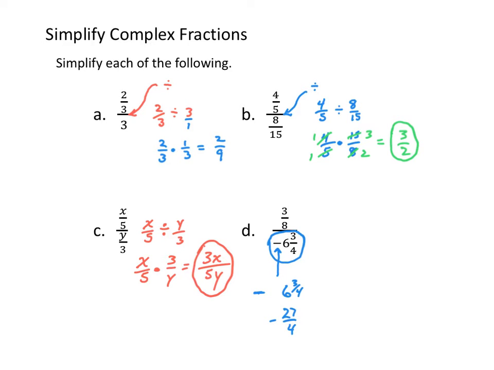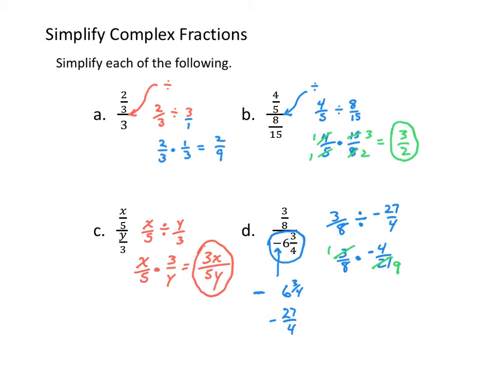Okay, so now we have 3/8 divided by negative 27/4. So now I can multiply by the reciprocal. 3/8 times negative 4/27. And now in this one I can reduce because 3 goes into there once and 3 goes in there 9 times.